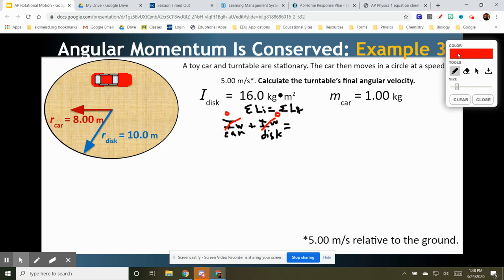Okay, what should we write for angular momentum final? What would the relationship be on the other side?